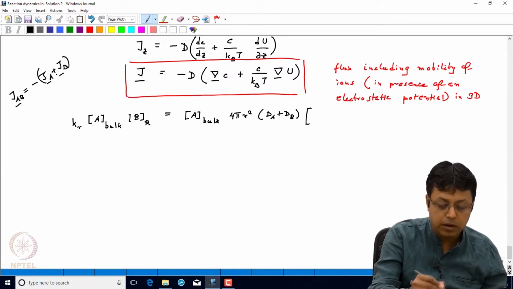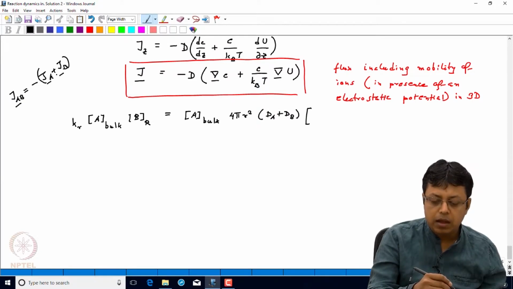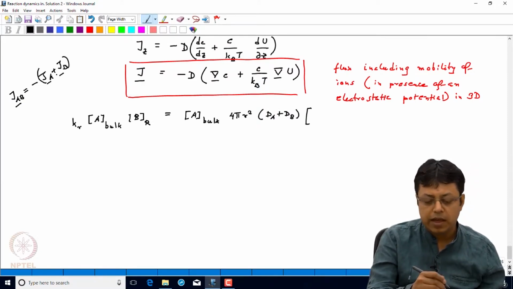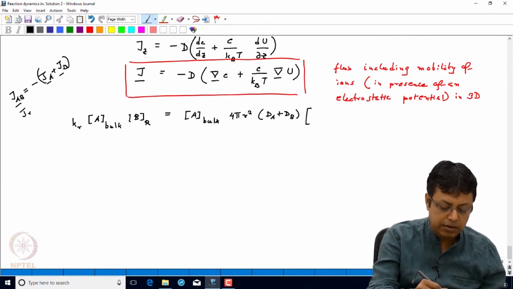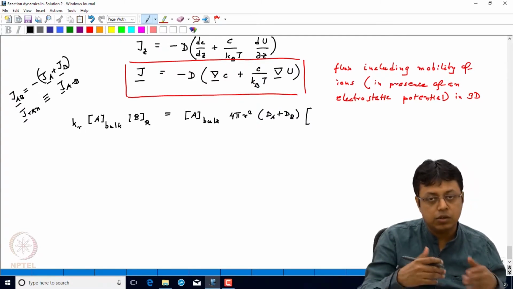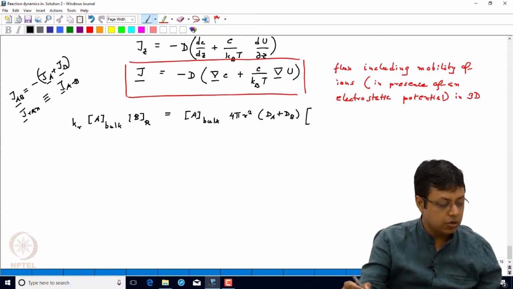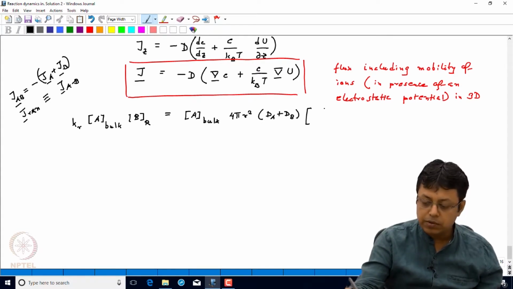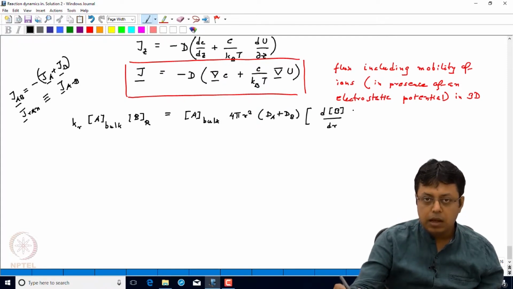These are all vector quantities. And secondly, we have also used the fact that this J reaction is identical to the JAB, and it is also diffusion limited. So I'll have two terms. The first term is the spatial derivative of B, which is how the concentration of B varies with the radius.